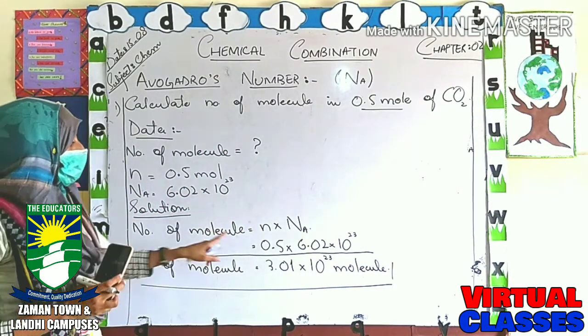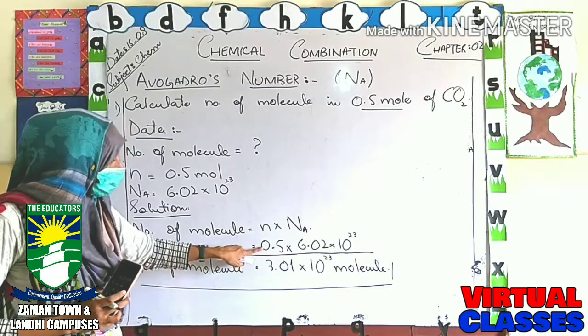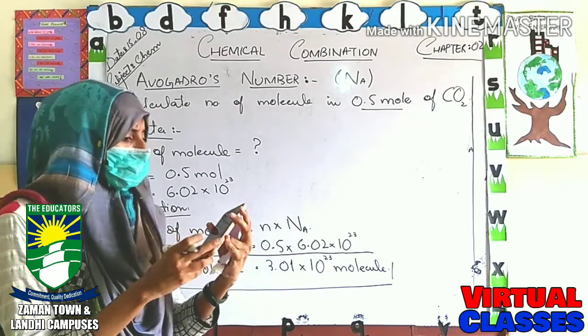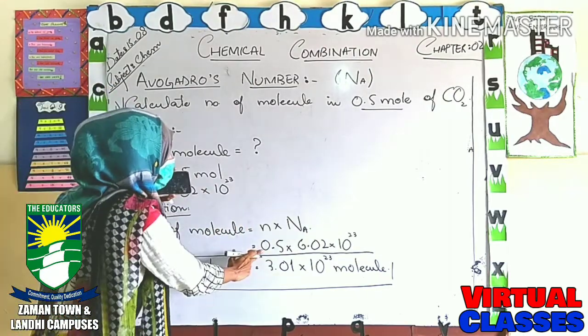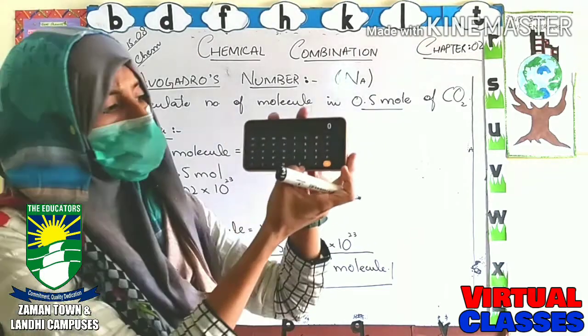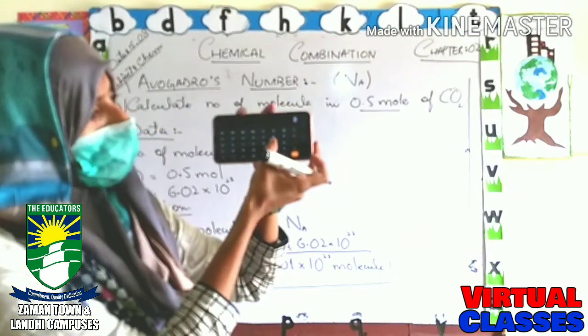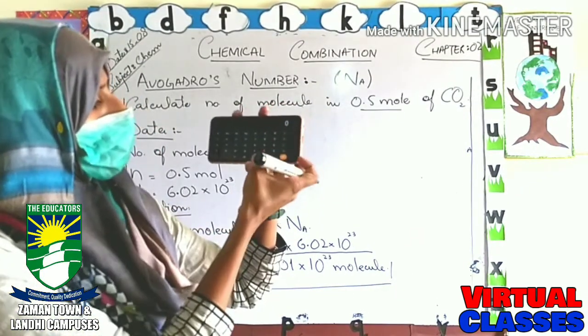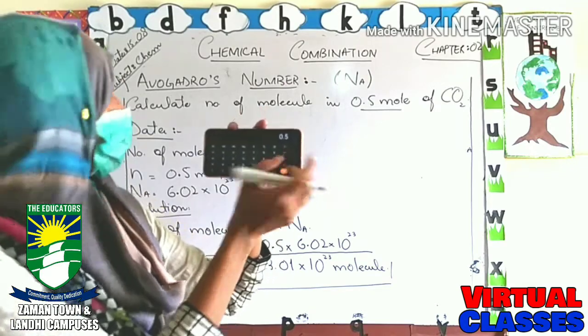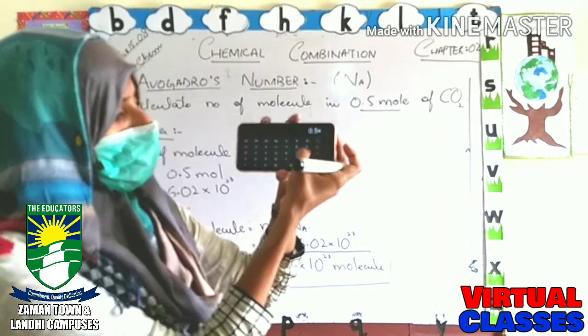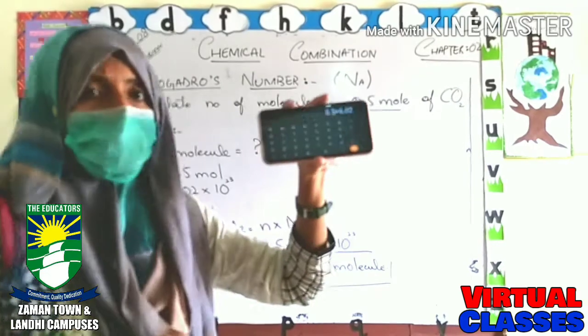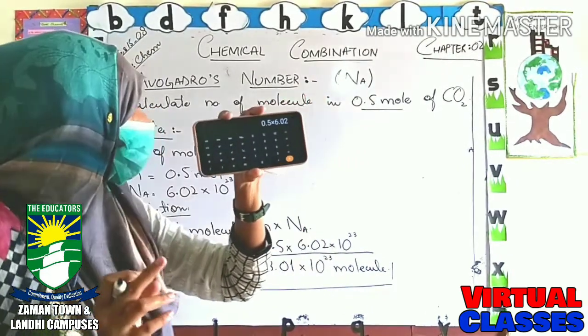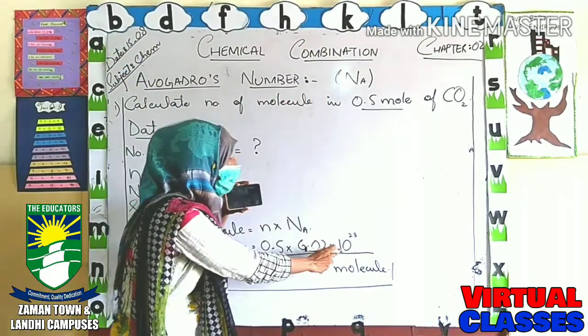Okay, again I am telling you how you will calculate this value. See, firstly, what is this? This is 0.5. Press 0.5, then multiply 6.02. Okay, then you will not press multiply 10.